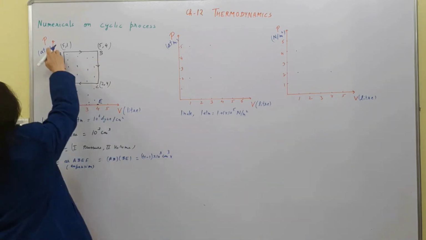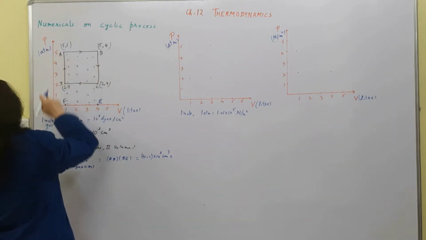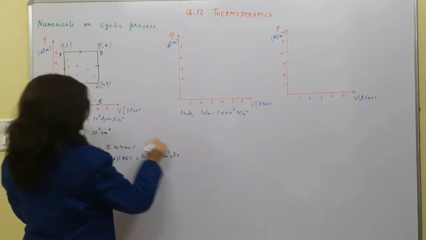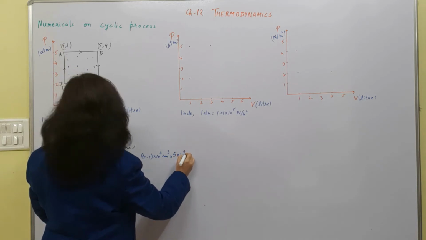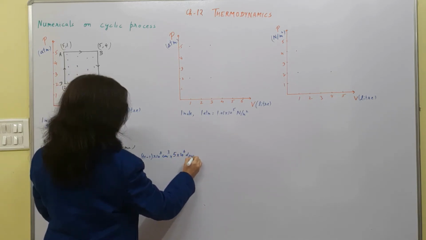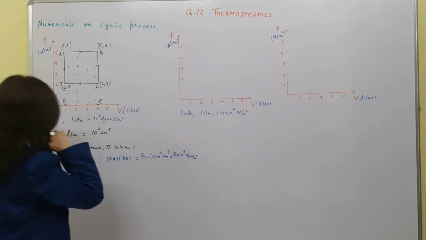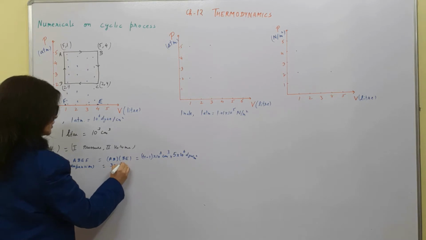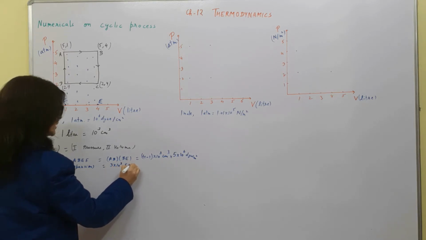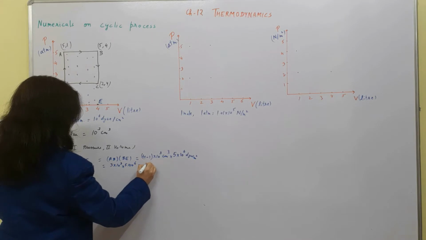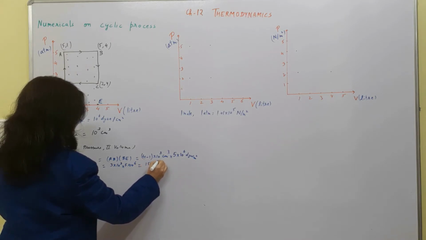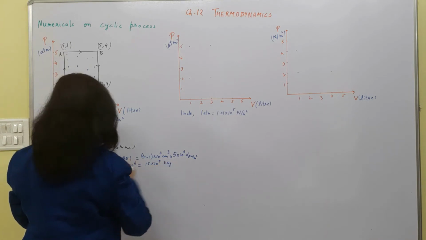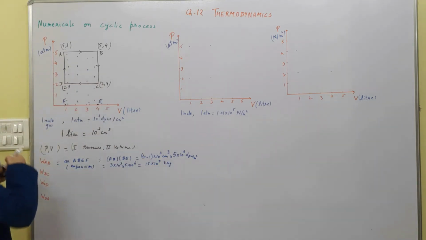This is 5 atmospheres. So 5 atmosphere means 5 into 10 to the power 6, and this is in dyne per centimeter square, right? So this will give me 3 into 10 to the power 3 into 5 into 10 to the power 6. So this is 15 into 10 to the power 9. This is ergs, right?